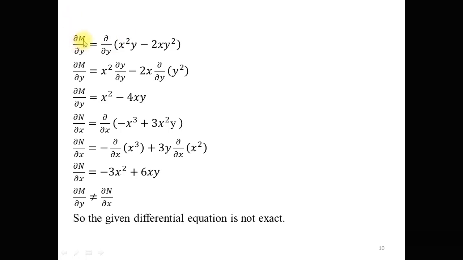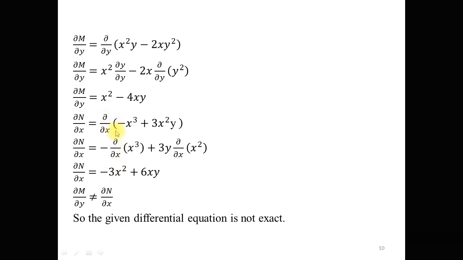So partial M by partial y is equal to, using the power rule, the derivative of y is 1, so we obtain x square minus 2x into the partial derivative of y square. The partial derivative of y square is 2y, so we get x square minus 4xy. Now the partial derivative of N function with respect to x is equal to minus 3x square.